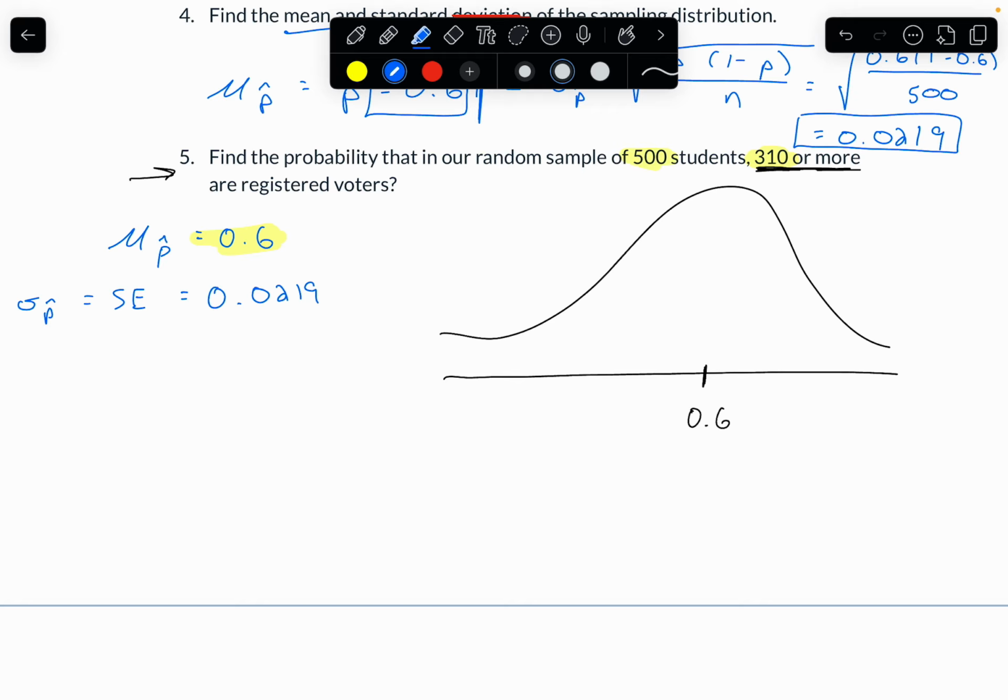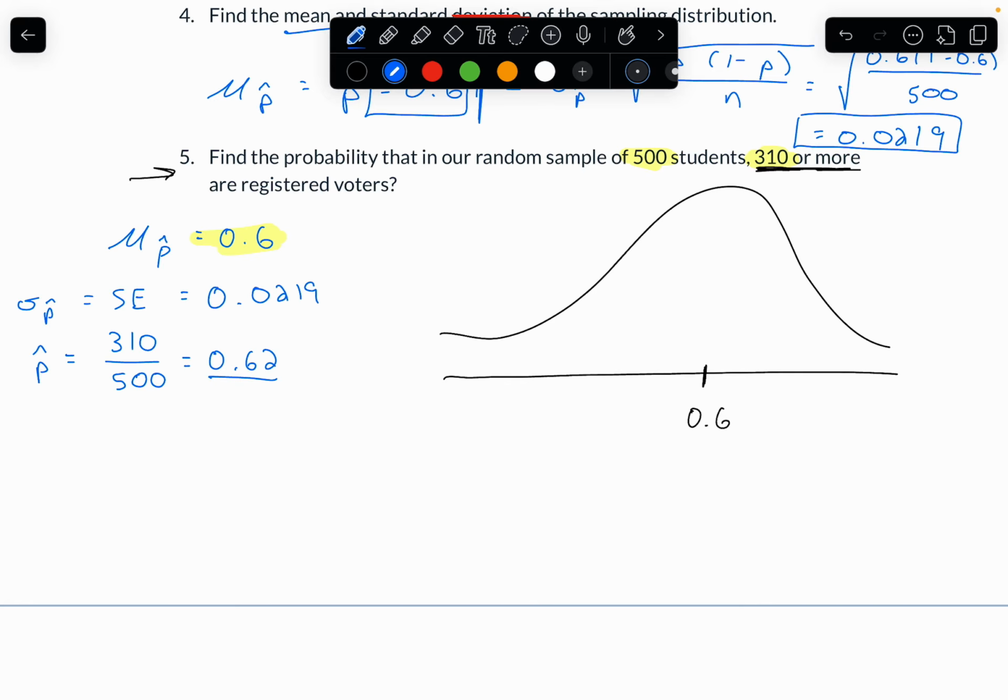So I need to take just a moment to find the sample proportion, which is p hat. So p hat is equal to 310 divided by 500. Let me grab my calculator real quick. 310 out of 500, I ended up with 0.62. So 0.62 is my observation.